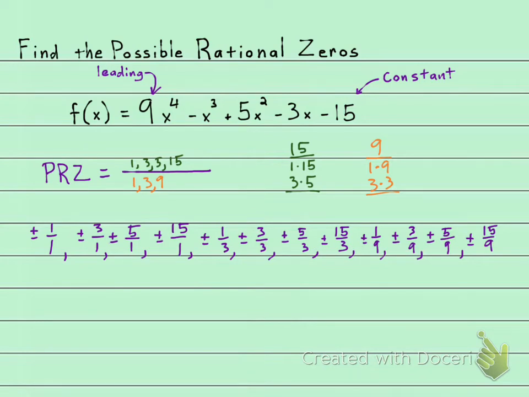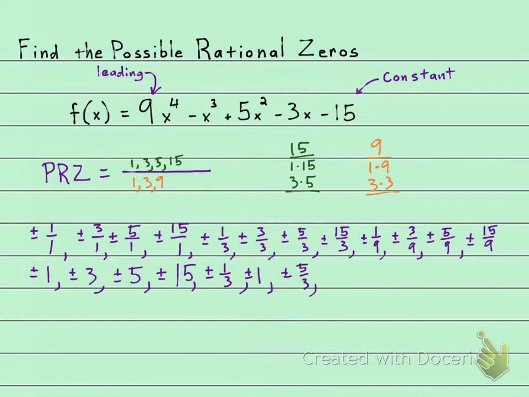Anything over 1 is just itself. So this is plus or minus 1, plus or minus 3, plus or minus 5, plus or minus 15. Now we have 1/3, and 3/3, well, that's the same thing as 1. And plus or minus 5/3.